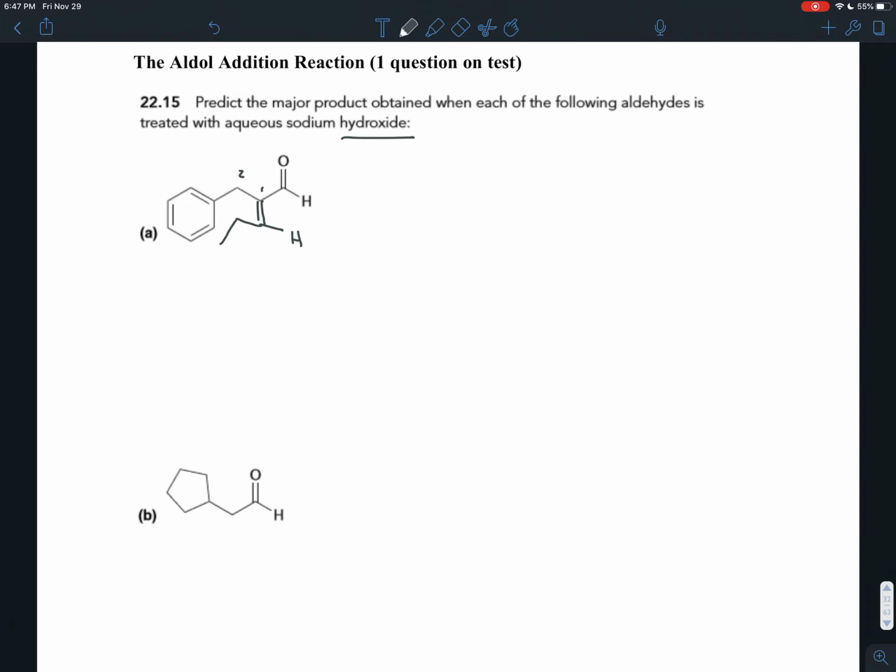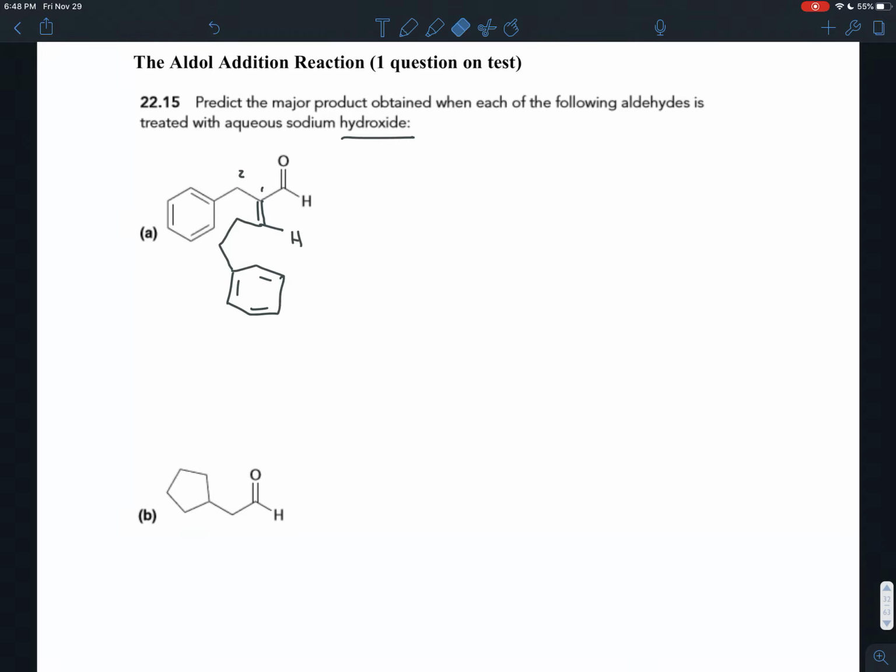This is the carbonyl carbon. We have 2 carbons to the side, 1, 2. And now we just need the ring, which is another carbon.